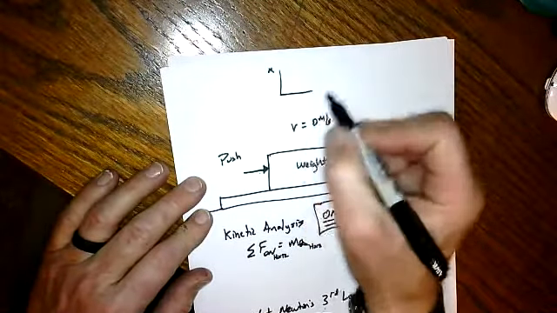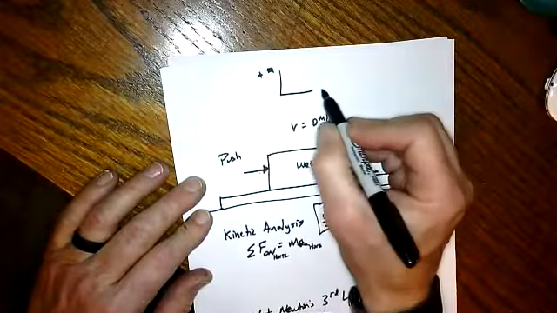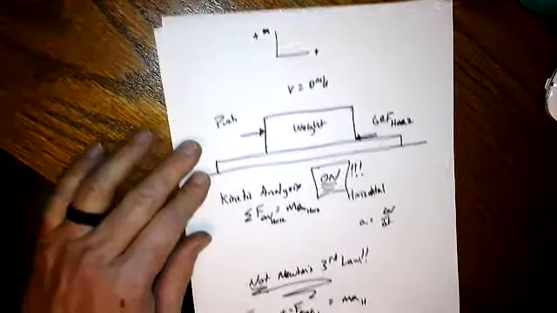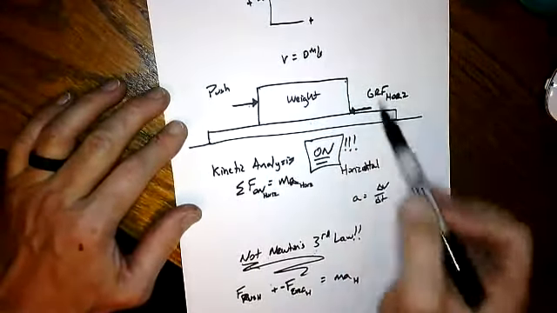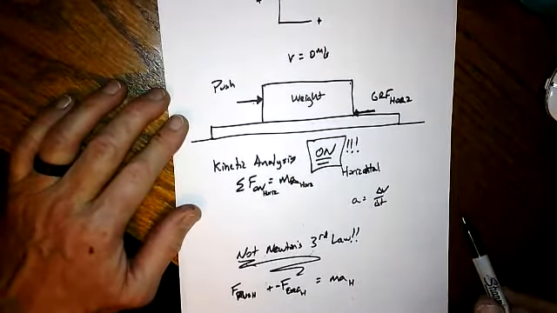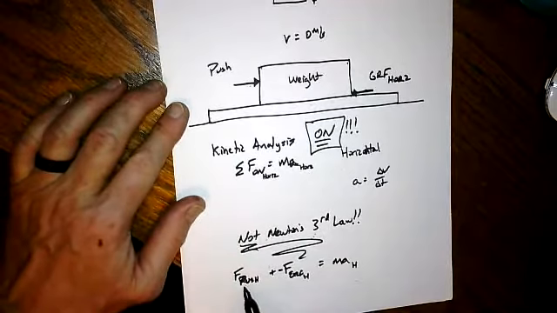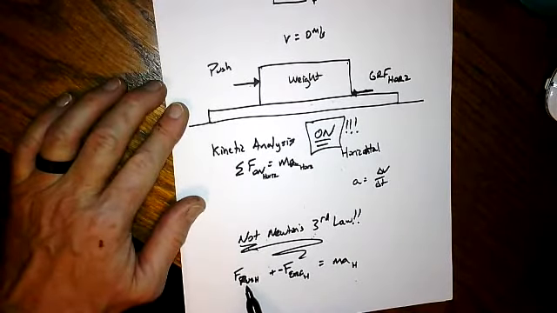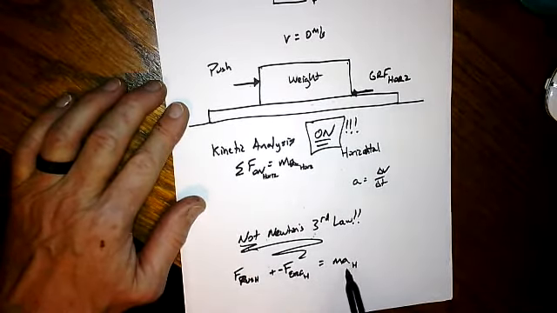Up is positive, and forward is positive. So if this is positive here, this is a negative force pointing in the opposite direction. Whatever force I push with, this ground reaction force ends up equaling that, and we're going to get zero net force.